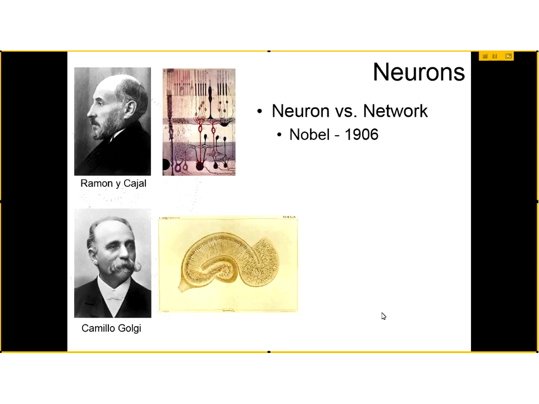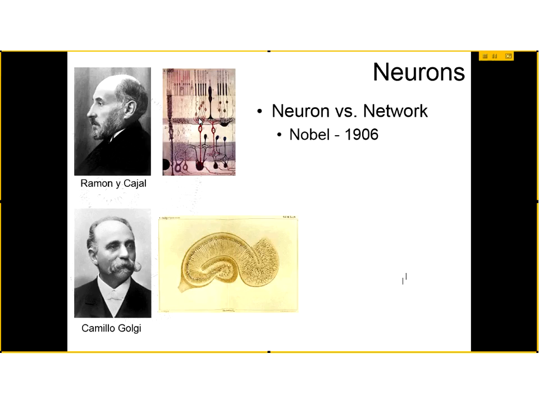This Golgi stain technique basically stains, I'd say, 2 to 7% of neurons in the central nervous system, but it stains them completely. And what this lets you do is once you're looking in the microscope, you're actually able to draw the entire neuron. And this picture up here is one of the drawings from Cajal, showing the amazing structural differences that exist between neurons.